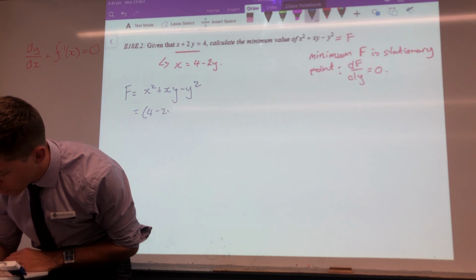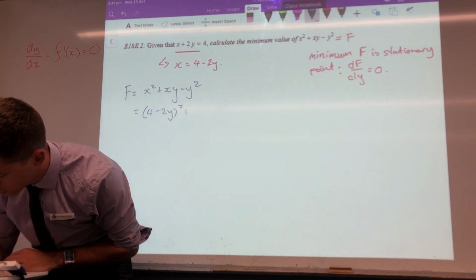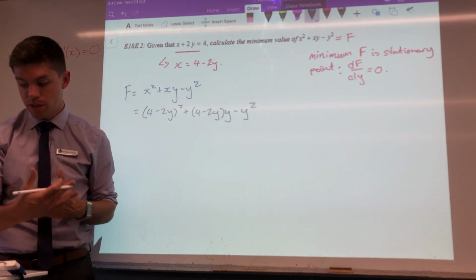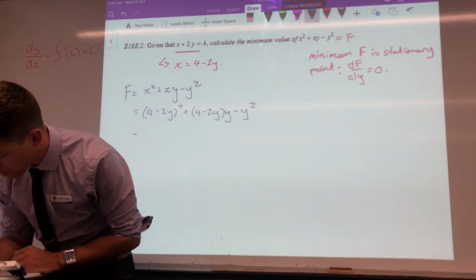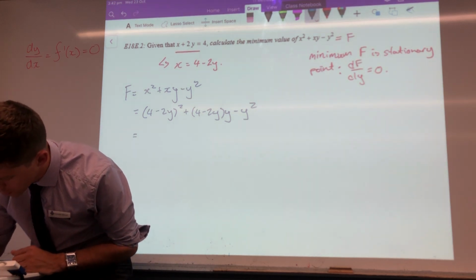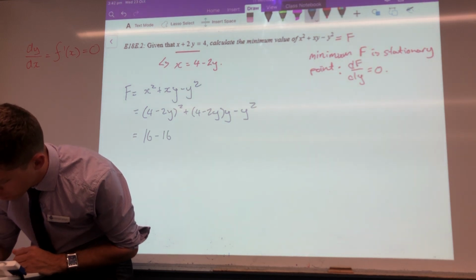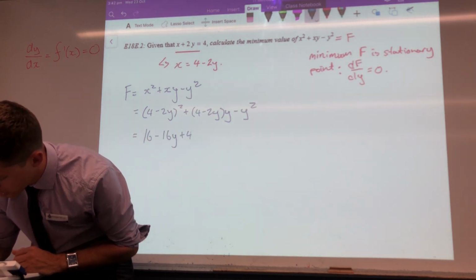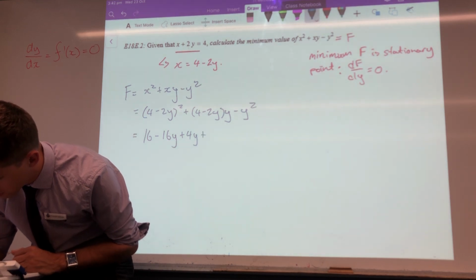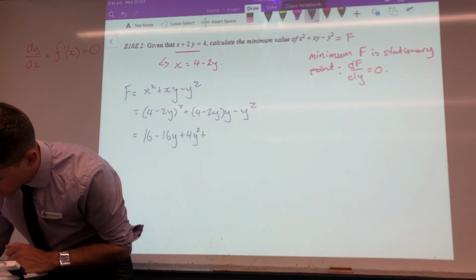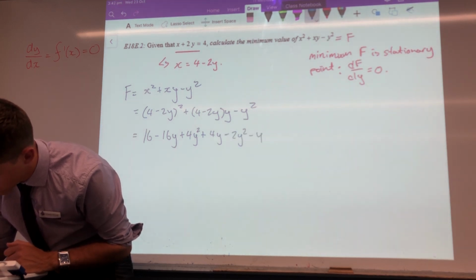4 minus 2y squared plus 4 minus 2y times y minus y squared. And now expand and simplify. 16 minus 16y plus 4y squared, plus 4y minus 2y squared minus y squared.